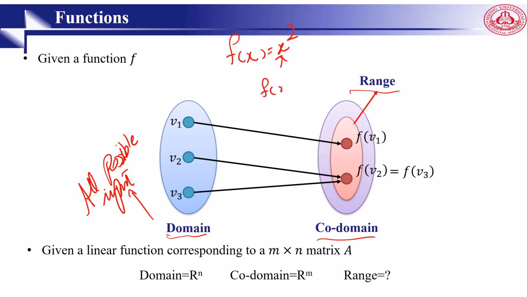But when we have, for example, f(x) equal to root of x, you cannot enter just anything. Domain represents the input space. The range, on the other hand, encompasses all possible output values that a function can produce. You can say output space.